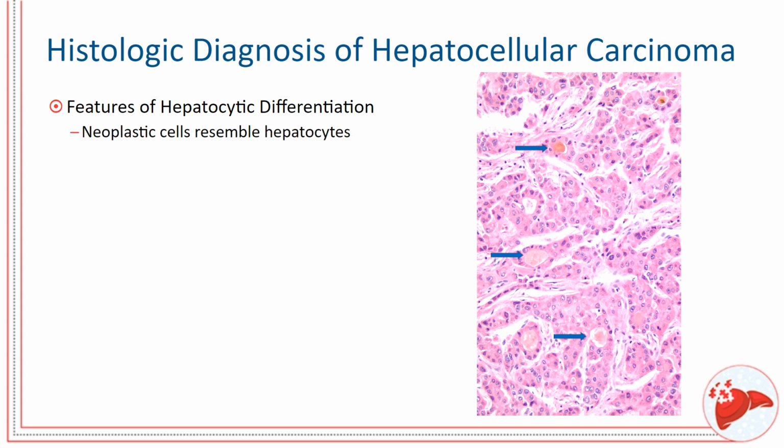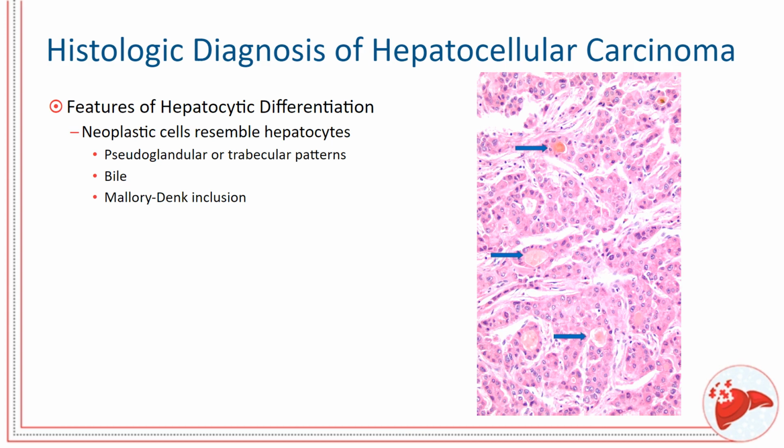background hepatocytes. It shows this trabecular and pseudoglandular growth pattern, and this is a tumor that can produce bile. And in some cases, you can find Mallory-Denk inclusions in those tumor cells, which resembled the background liver in a NASH patient.